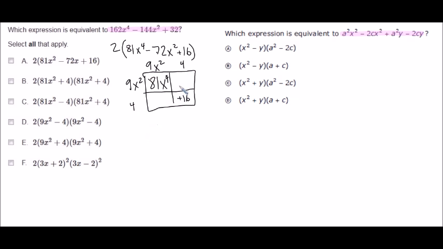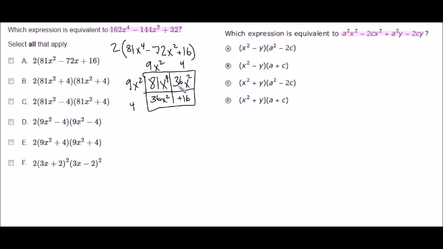The question is, how am I going to add these two boxes to get negative 72? Well, 9 times 4 is going to be 36. And 36 plus 36 is going to give me 72. But I need that to be negative 72.